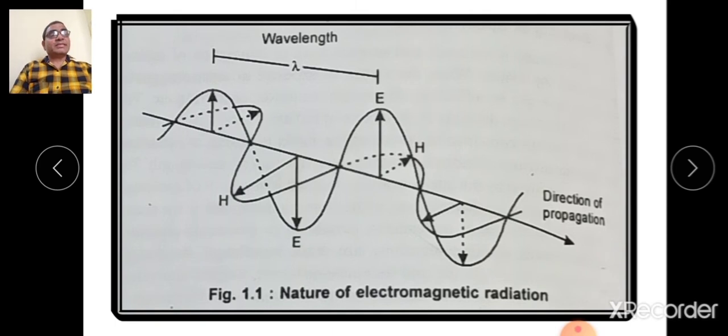As this radiation does not require any medium for transmission, it readily passes through vacuum. Radiation has both wave and particle nature. The wave is characterized by interrelated parameters like wavelength, frequency, wave number, and amplitude. Let us see one by one.